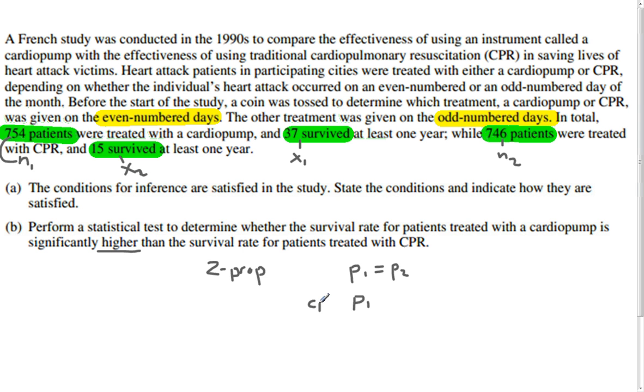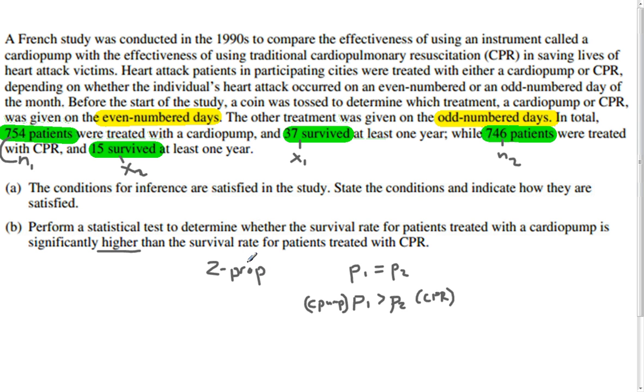I'm going to put C pump here just so we remember. And we think that that one's going to be better than the CPR. So it's always good to label these, because the 1 and 2 don't necessarily mean anything unless you give it labels. So once you have all this, you can put this into your calculator and do the test.